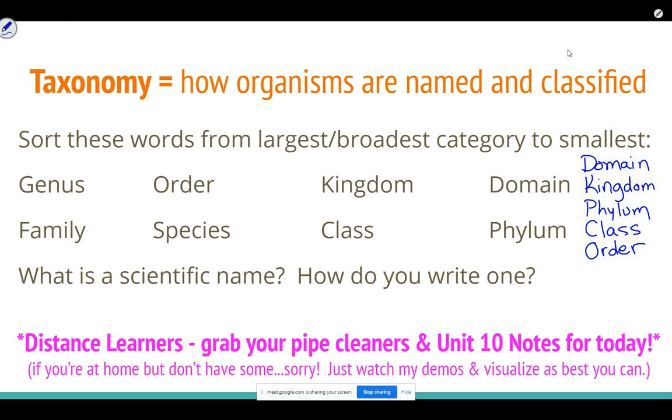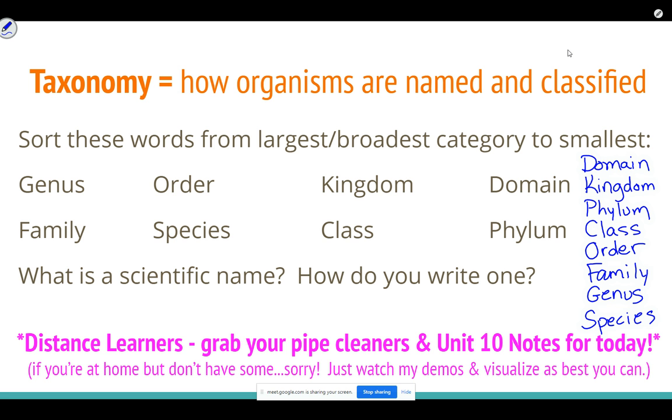You probably know that. Species is actually the smallest. So here you go. There's some mnemonic about King Philip, but I don't know it because I don't usually teach this that way. So, domain, kingdom, phylum, class, order, family, genus, species.